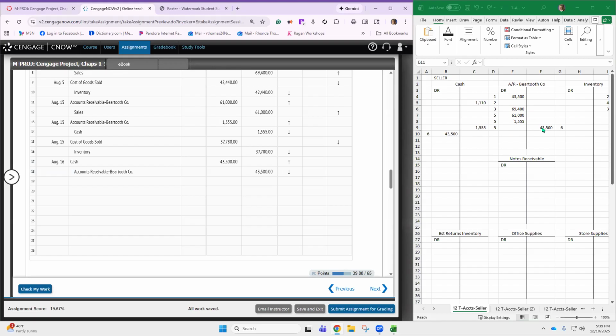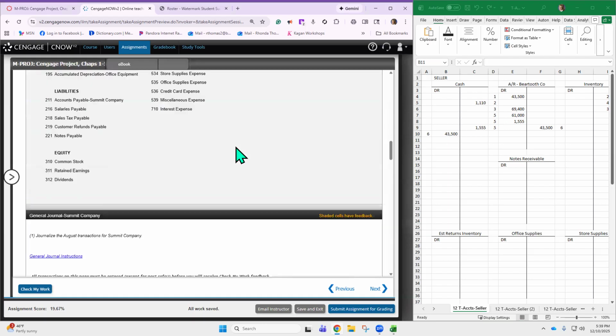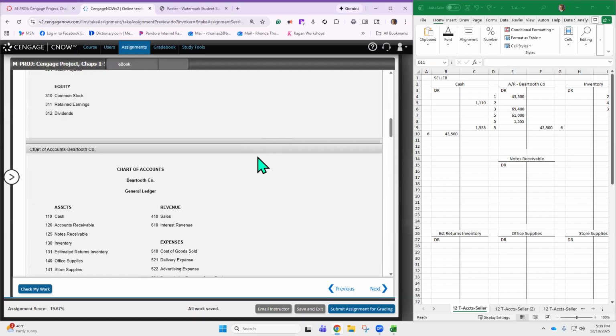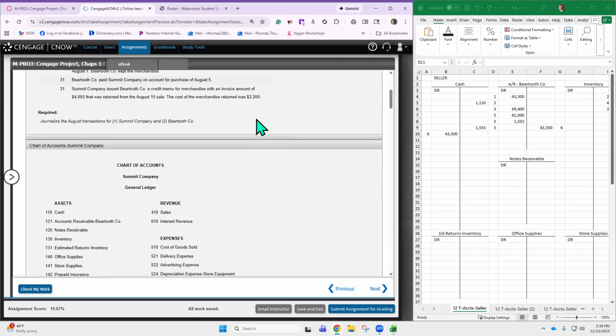So that sale is gone, or that AR is gone. Does everybody see that on my T account? This little sale here has been paid, right? So we have this and this left to be expected from Beartooth, right? Okay, so I think we took care of the 16th from both sides of things.